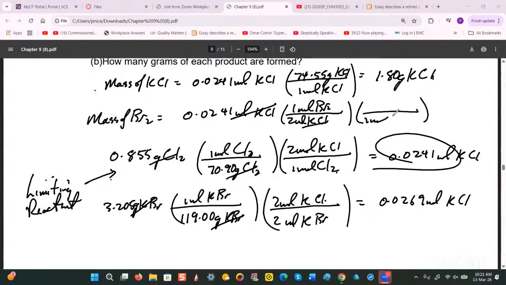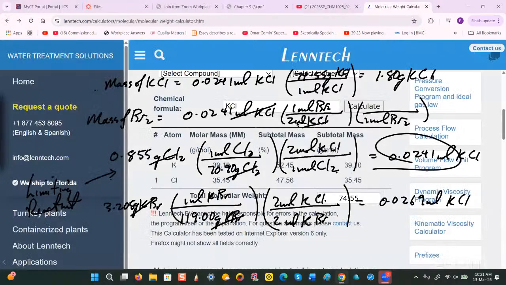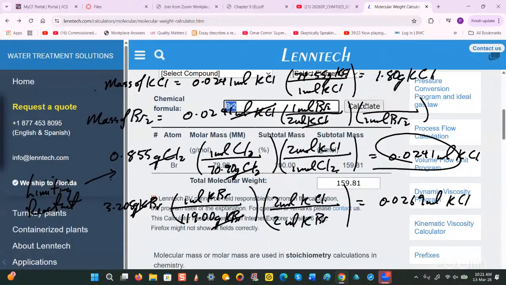And then the next conversion factor is basically the molar mass of bromine. So 1 mole of bromine below, and the molar mass of bromine, Br2, is 159.81 grams of Br2.